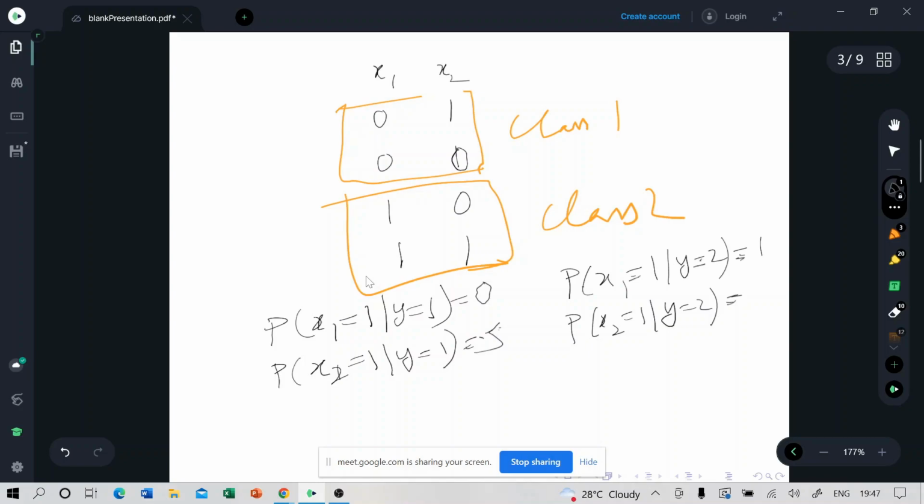So it's something like probability of y is equal to 1, multiplied by probability of x bar 1 is equal to 1 given y is equal to 1, multiplied by probability of x bar 2 is equal to 1, oh sorry, 2 is equal to 1 given y is equal to 1, and probability of x bar 3 is equal to 1 given y is equal to 1.